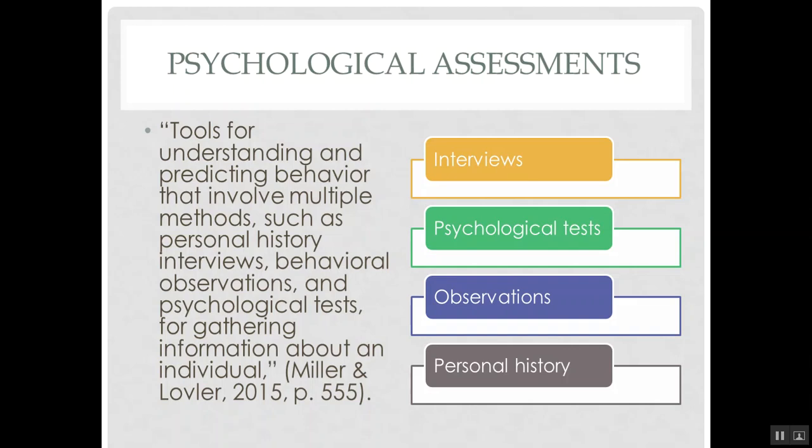And that's where psychological assessment comes into play. And this is going to involve pulling together data from multiple sources. Miller and Lovler describe it as tools for understanding and predicting behavior that involve multiple methods such as personal history interviews, behavioral observations, and psychological tests for gathering information about an individual.